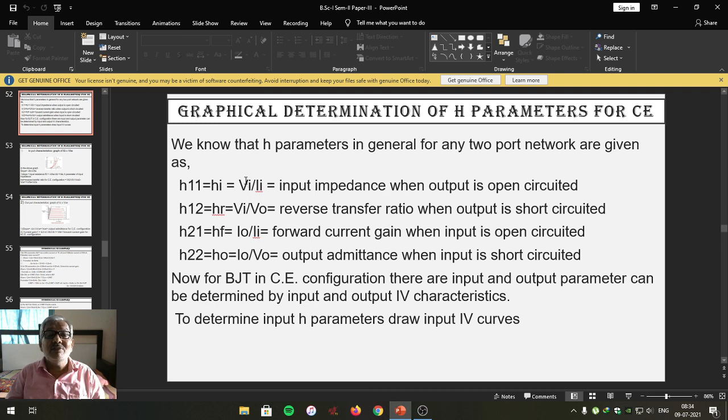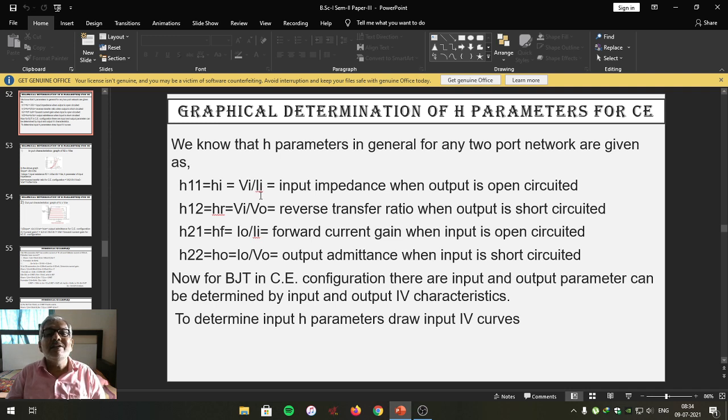That is, it is a ratio of input voltage upon input current, V for voltage and I for input, so small i for input.